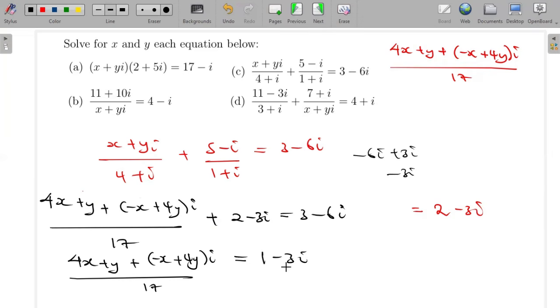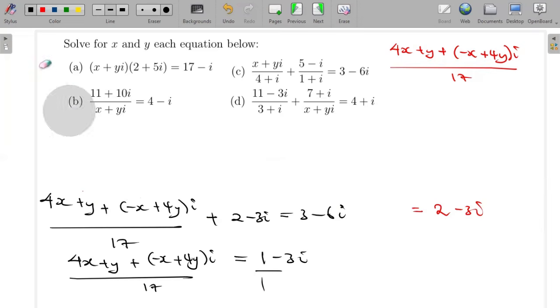This is what we are getting. Then I can cross multiply this with what I have there. So I cross multiply, and this is going to give me 4x plus y, plus negative x plus 4y times i, equal to 17 multiplied by 3, which gives me 51, so minus 51i.